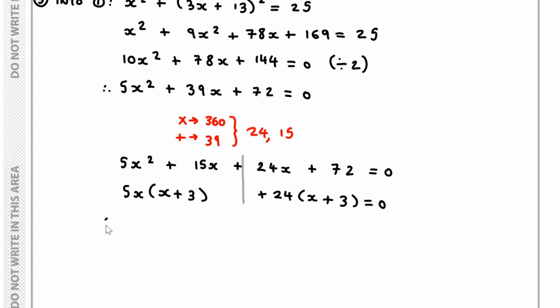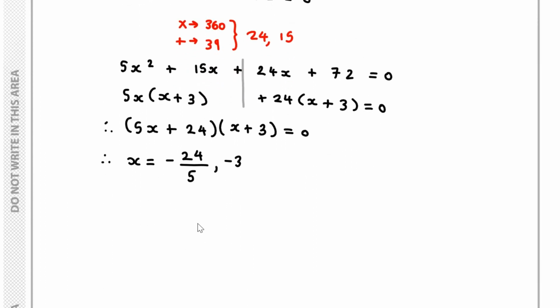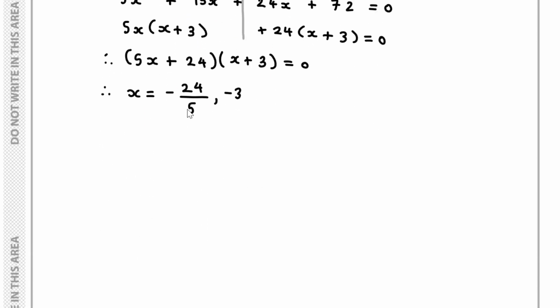So grouping the terms together, you'd find 5x plus 24 lots of x plus 3 equals 0. We now need to solve this. So from this bracket you can see x is equal to minus 24 over 5 and also minus 3. And now we need to substitute these into equation 3 to find the corresponding y coordinates.